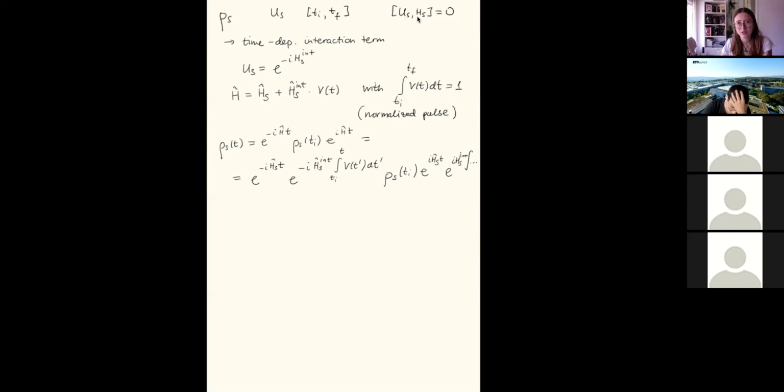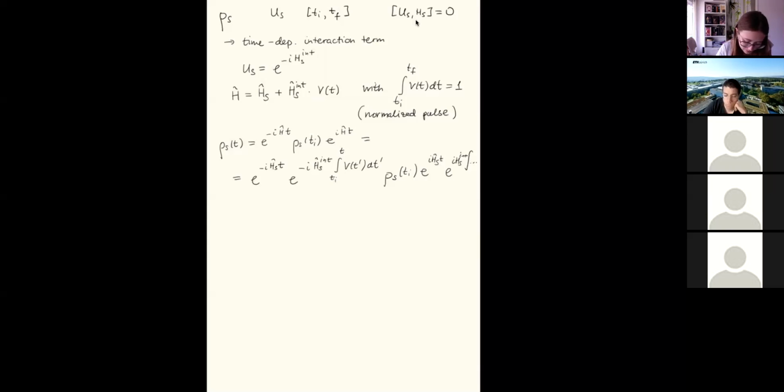And since the unitary is energy preserving, these two terms commute, and then separating the exponential into the product of two exponentials is allowed. Otherwise, of course, for other unitary interactions, this wouldn't be that easy.